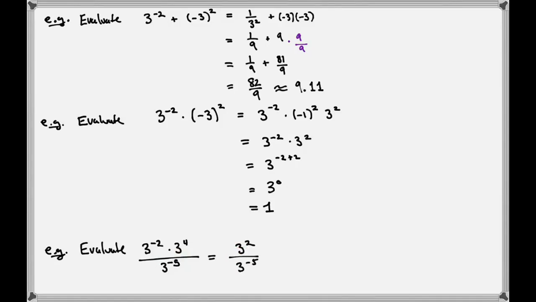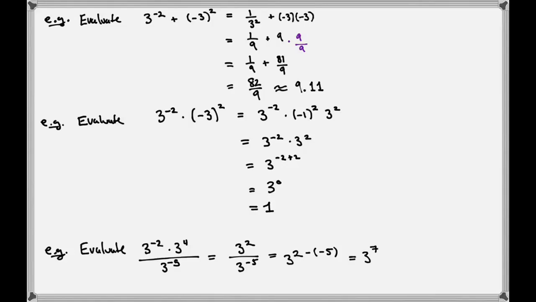And then I'm dividing by 3 to the minus 5th. Now I'm dividing two numbers with the same base, so I can subtract the exponents. It's 2 minus negative 5. So division results in subtraction, and the other exponent really is negative already, so there's a double negative in here. I'll get 3 to the 2 plus 5, or 3 to the 7th.